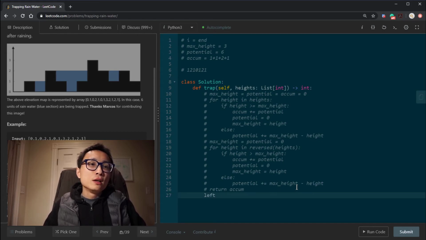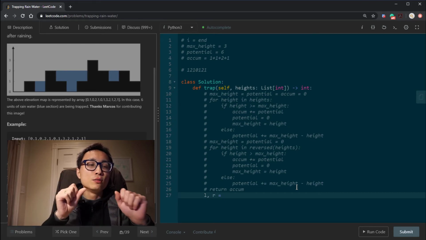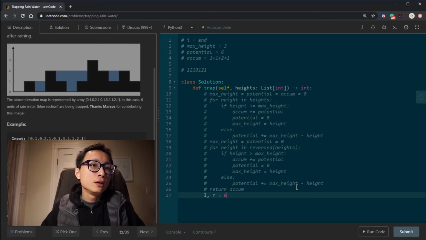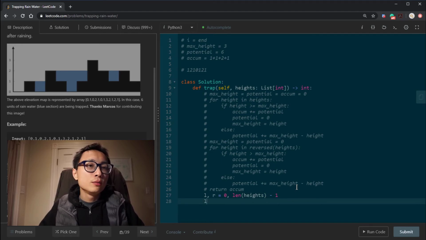So we'll have something like left and right, which indicate the left and right locations. They are initially going to be the leftmost and rightmost. And we're going to keep track of the left maximum height and the right maximum height, which are going to be 0 in the beginning.